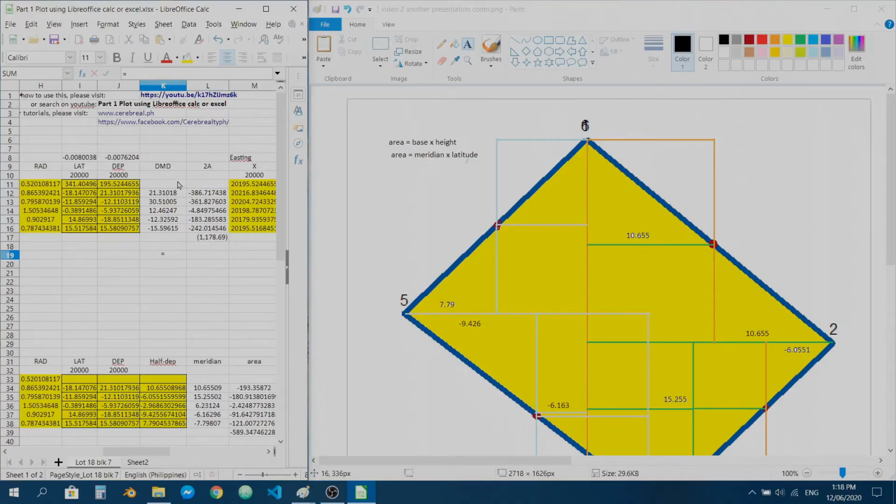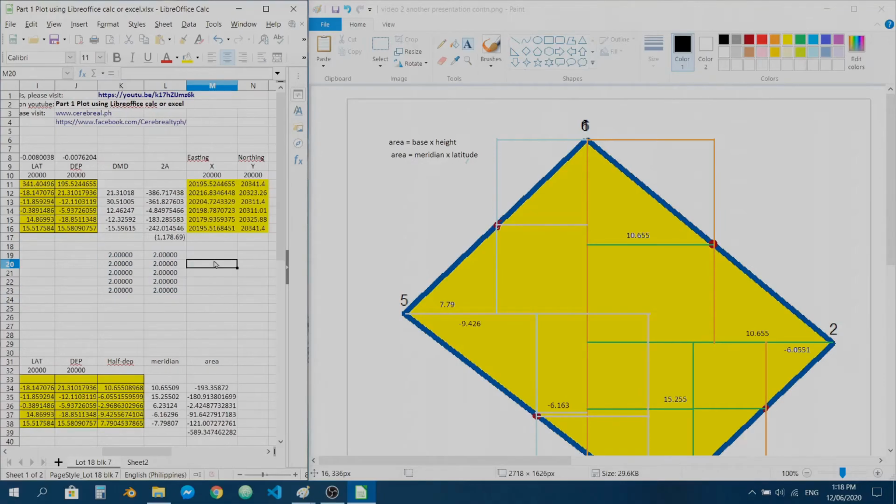Then let's prove that it is actually twice. Let's divide it by the meridian. As you can see, that's double.